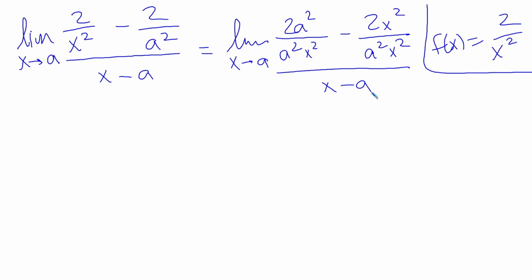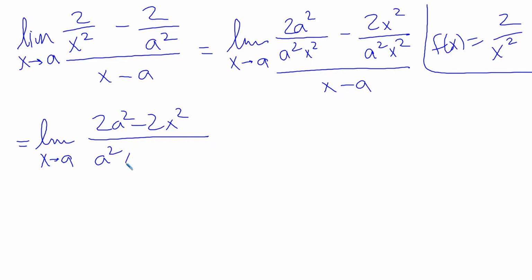We'll throw that x minus a into the denominator of our numerator in a second. So now we have the limit as x approaches a of 2a squared minus 2x squared over a squared x squared times x minus a.